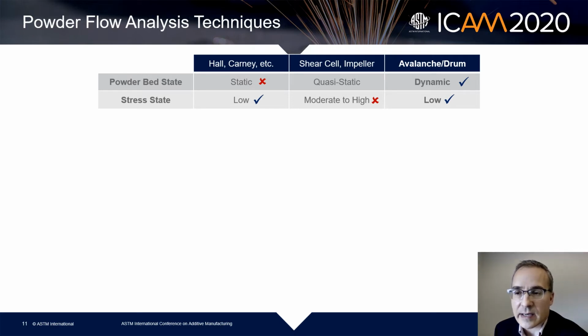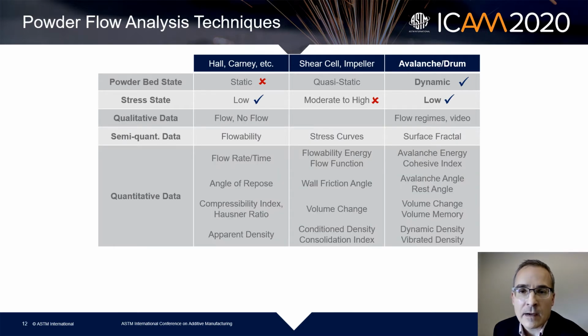The quasi-static techniques are generally moderate to higher stress, and many authors have talked about the suitability of low stress state techniques being better for AM powder bed spreading. The different techniques all have different sorts of data. Some of them are quite comparable, some are not. They provide qualitative data, semi-quantitative data, and then a variety of true quantity values that I'll go over today.